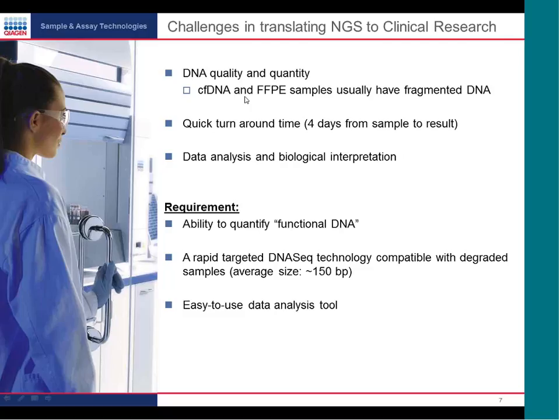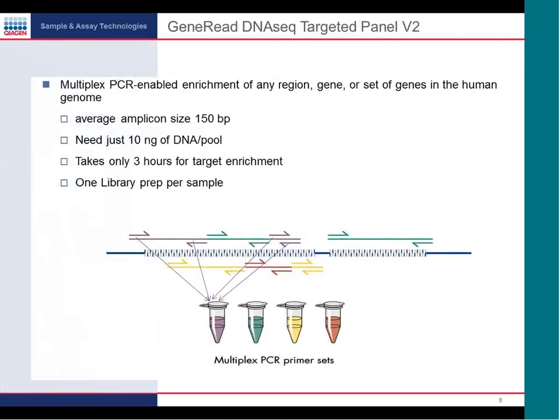Keeping these requirements in mind, QIAGEN has developed a targeted DNA sequencing solution. We call it GeneRead DNAseq targeted panels. This panel uses a multiplex PCR-based technology. We have designed primers all over the genome, so for any gene, any exon, or any hotspot or region in the genome that you are interested in, we have primer designs.